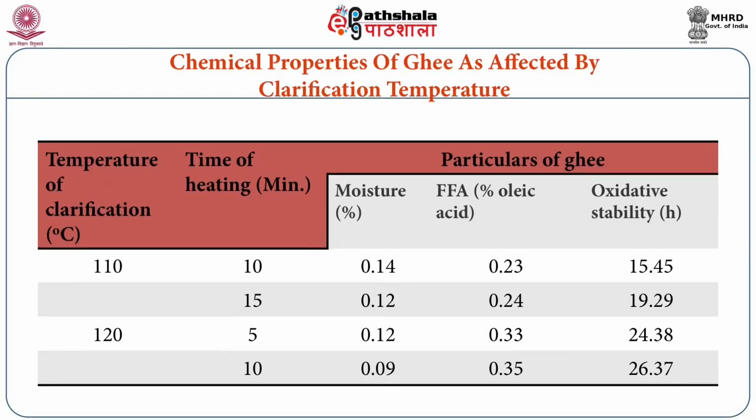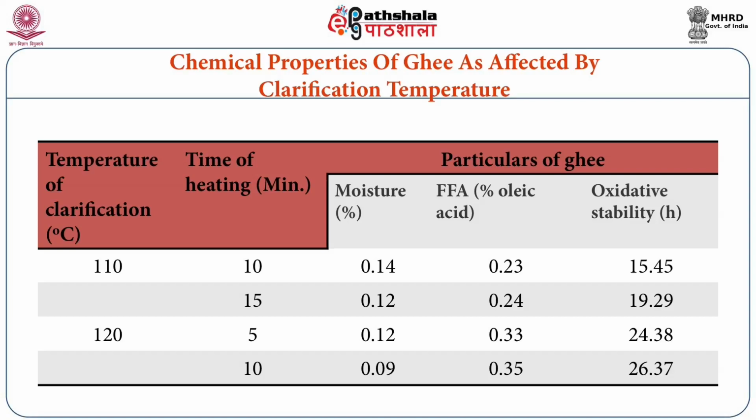The slide depicts the chemical properties of ghee as affected by the clarification temperature. As I told you, a wide variation in the heat clarification temperature is adopted by ghee makers. If you go for a higher clarification temperature, there will be higher cooked flavor development in the resultant ghee.